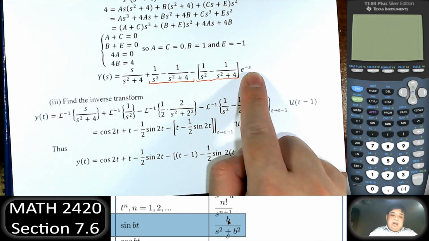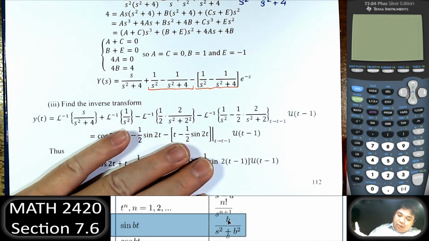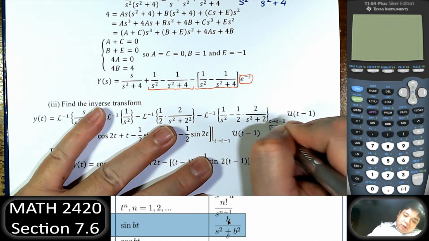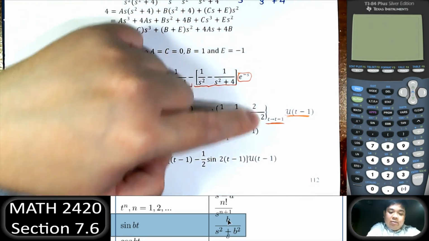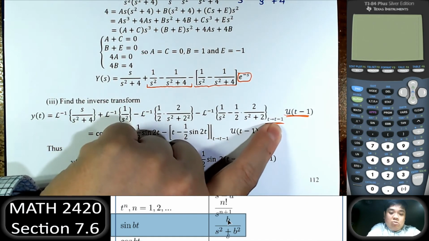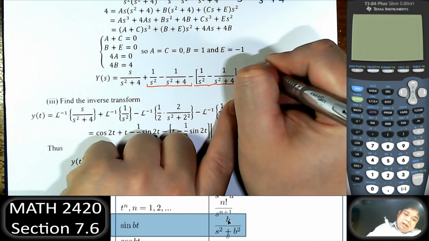And e to the negative s. Just transform what is left, but replace t with t minus 1, and times u of t minus 1, where a is 1.